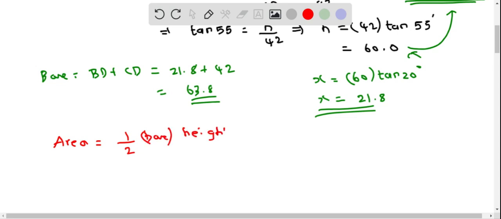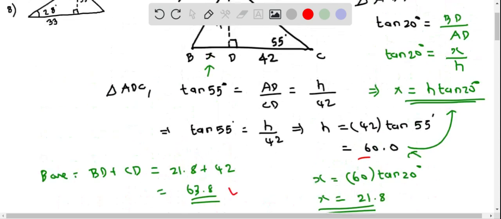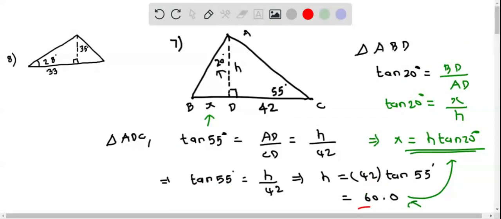This is the standard formula. Plugging in the base 63.8 and the height 60, when we simplify this, we get 1914. So this is the area of the triangle in question number 7.